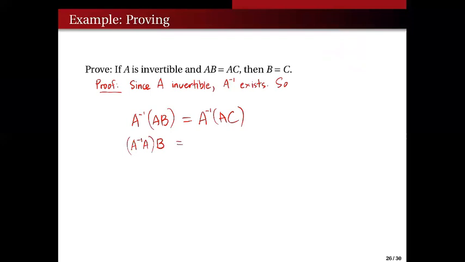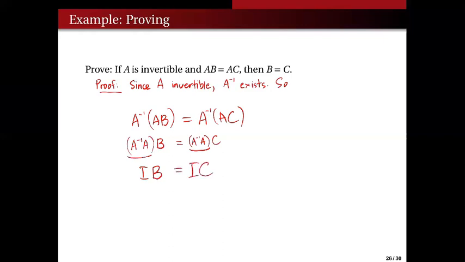We do the same thing on this side of the equation: you have A inverse and then A, then you multiply C here. By the property of inverses, this is just the identity matrix, and this is also the identity matrix. So we will have here IB equal to IC.